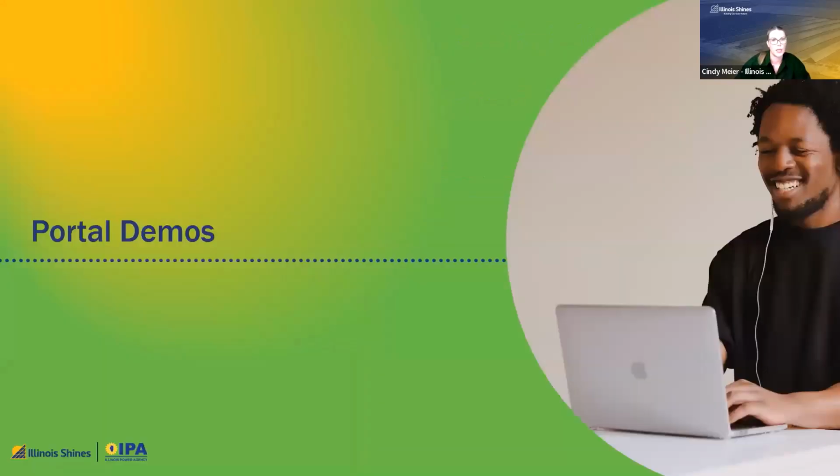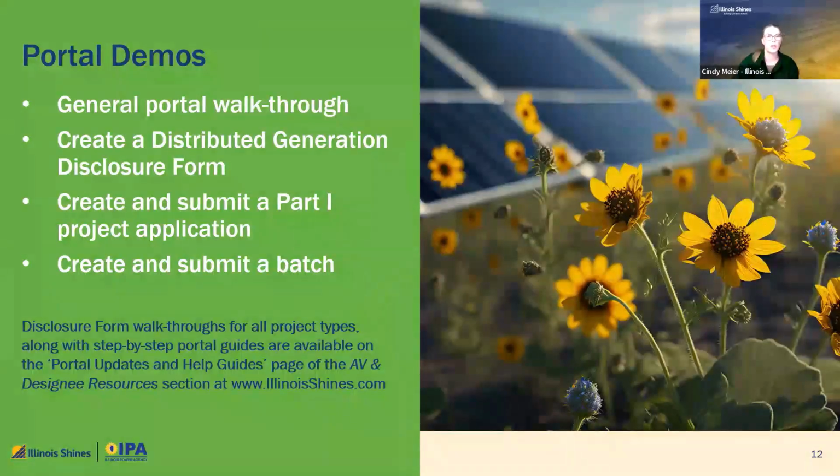Okay, so we're going to kick it off for some portal demos. So I'll start with a general portal walkthrough. Then we will create a distributed generation purchase disclosure form. We will then create and submit a part one project application, and then the same for batching.